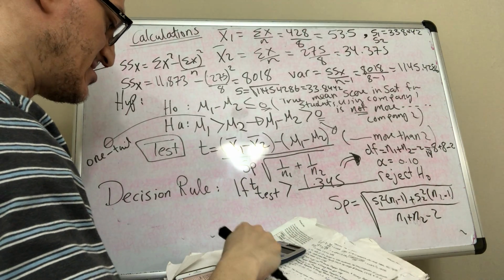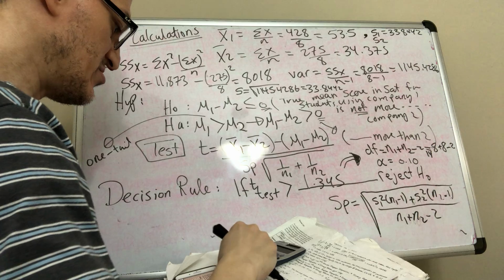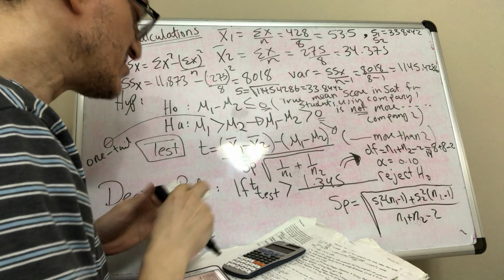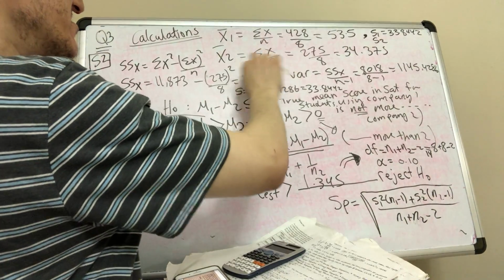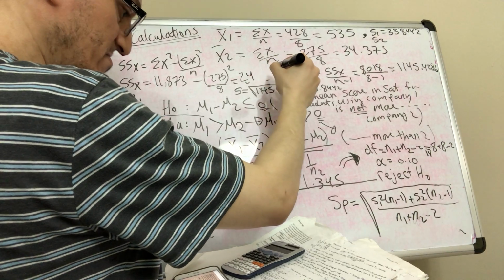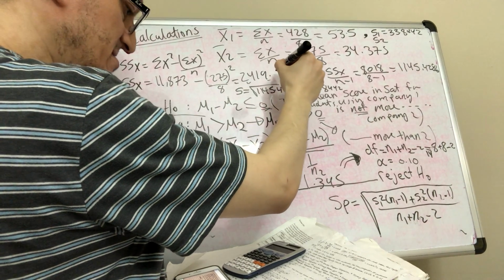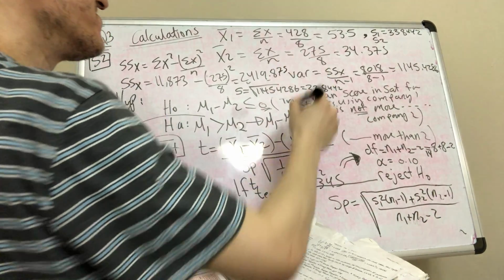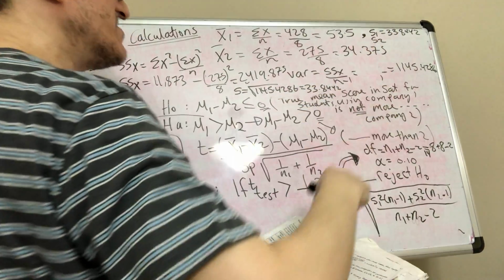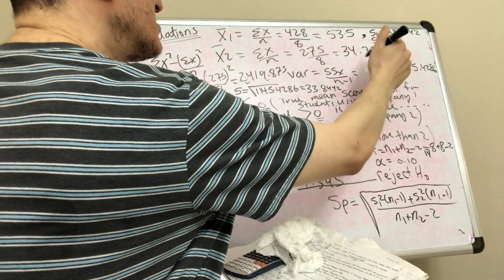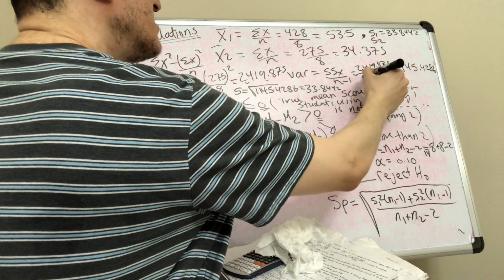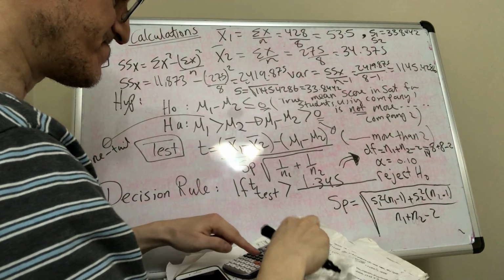So 11873 minus 275 squared over 8 gives you your total variation, which is 2,419,875. You divide it by sample minus 1. So you're going to take this number and divide it by 7.